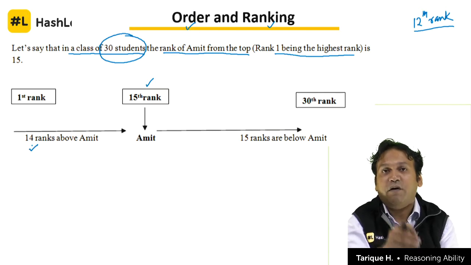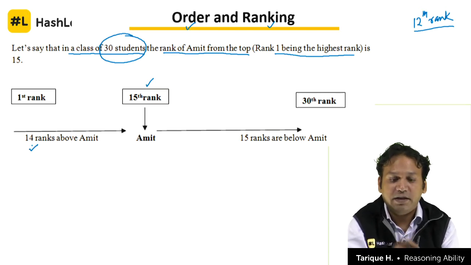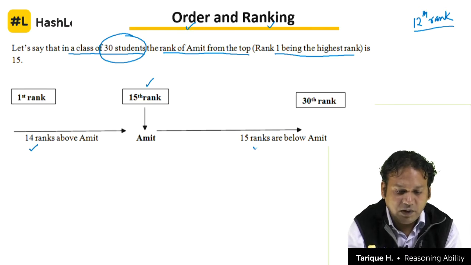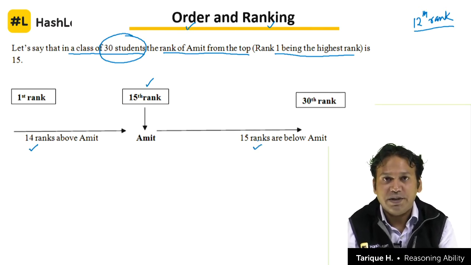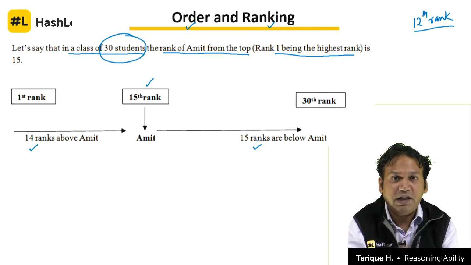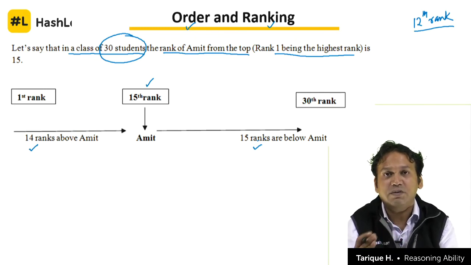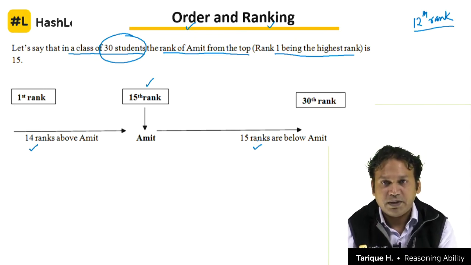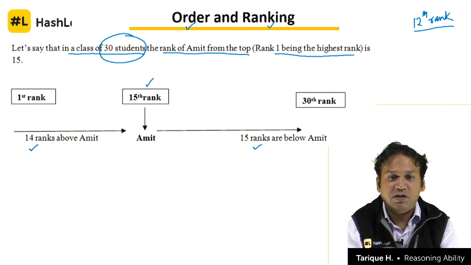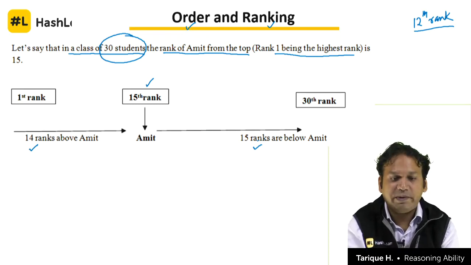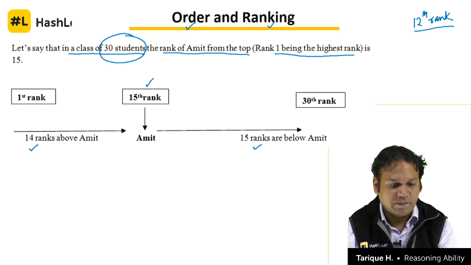And 15 students are ranked below Amit, because there are a total of 30 students. We often calculate this while solving questions on ranking: how many ranks are above and how many are below a person. That is a basic idea of order and ranking.